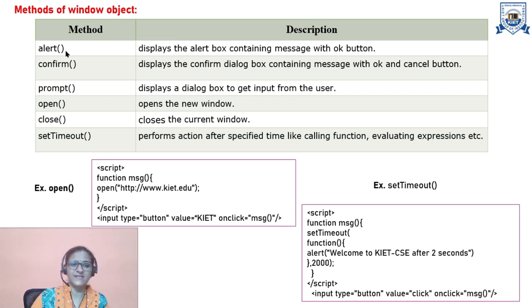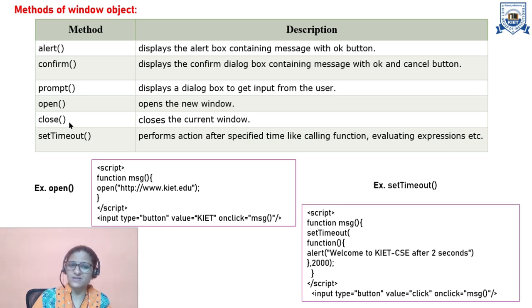The methods alert, confirm, and prompt are small dialog boxes that appear on the screen, and they are useful for user interaction, which we have studied in the beginning. Another one is open, which opens a new window.